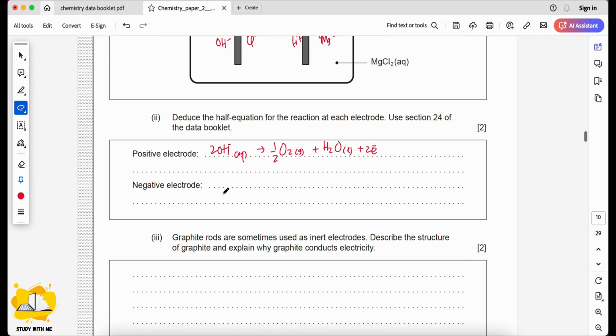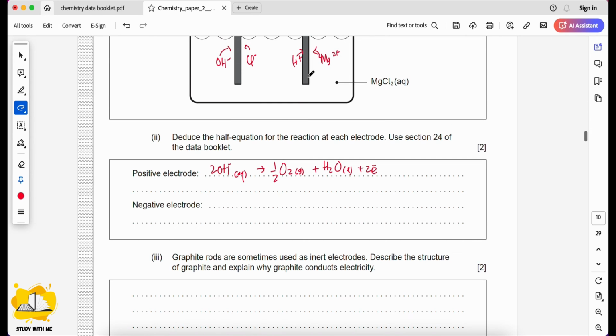And for the negative electrode, we have H+. It's gaining electrons because it experiences reduction. So H+ plus electron producing H2. This will be 2 here and this will be 2 electrons.